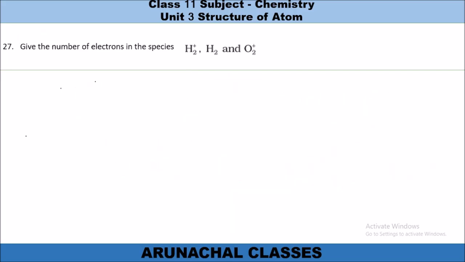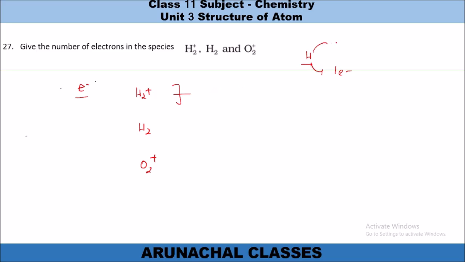Moving to question number 27, give the number of electrons present in these species. One is H2 positive, another is H2, another is O2 positive. So we have to find the number of electrons. When I say hydrogen atom, it has one electron.